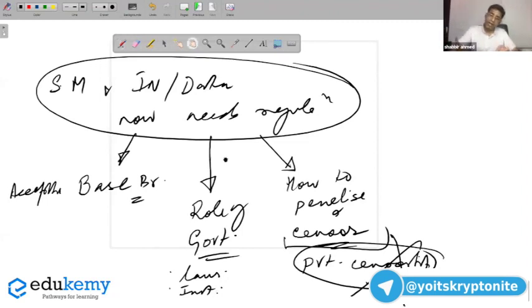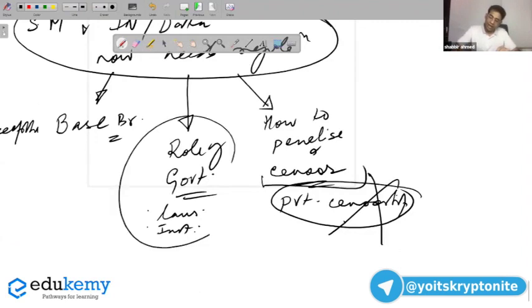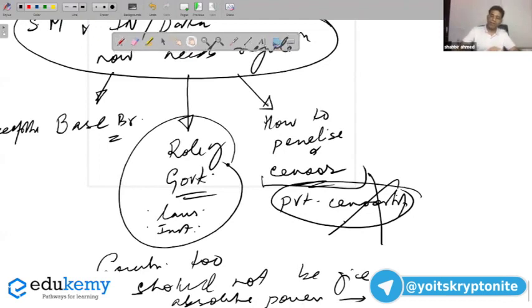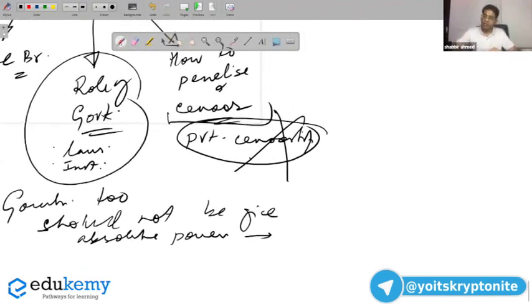But यहाँ पर ये debate भी आता है that governments too should not be given absolute powers, because governments are also known to misuse information. Okay, we have governments using false propaganda.